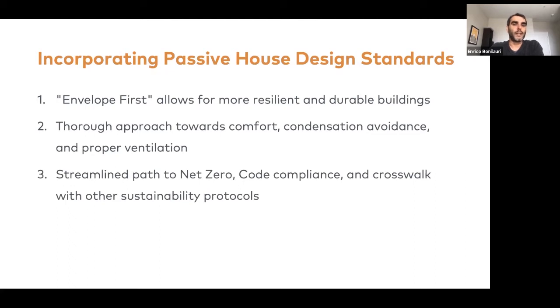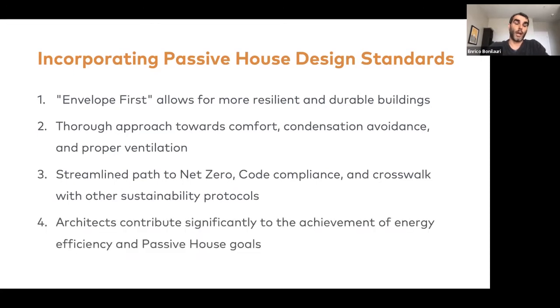Passive house becomes a very streamlined path to net zero because you significantly reduce the energy needed for heating and cooling. And it can also be a pathway to code compliance and a crosswalk for other sustainability protocols.